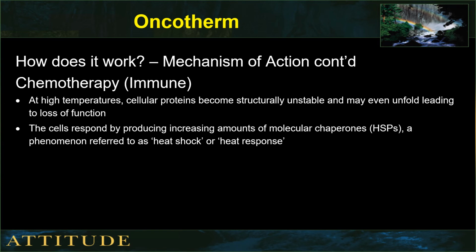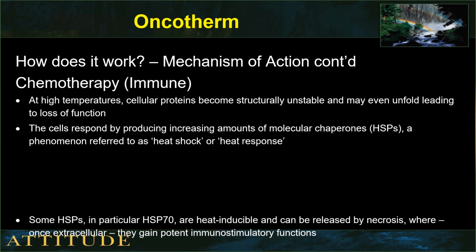The cells respond to this by producing increasing amounts of heat shock proteins, HSP. That's in regards to them being under stress. It's a phenomenon referred to as heat shock or heat response.